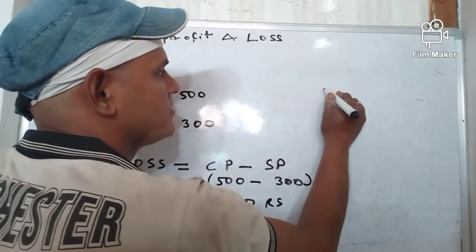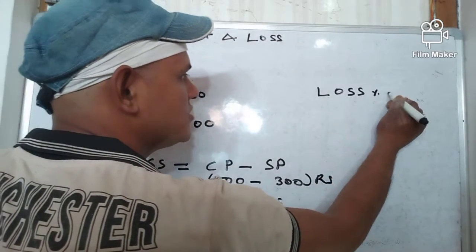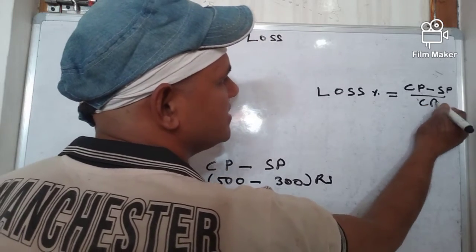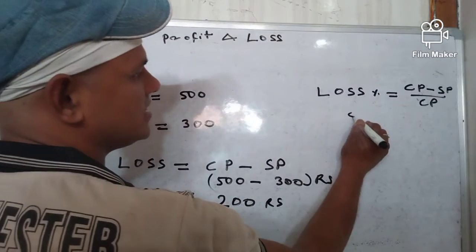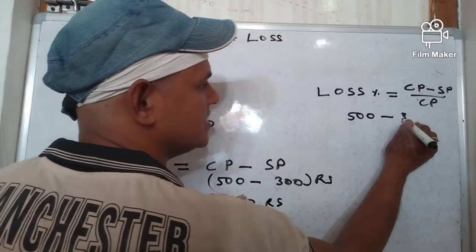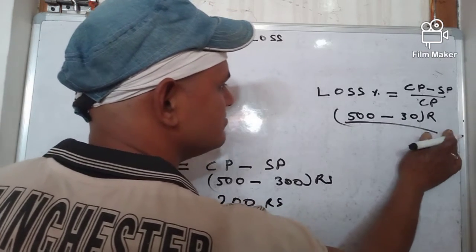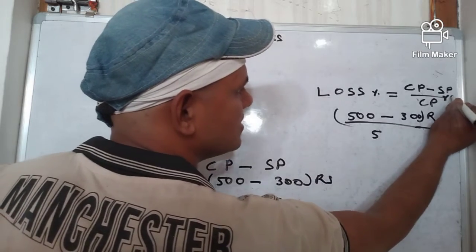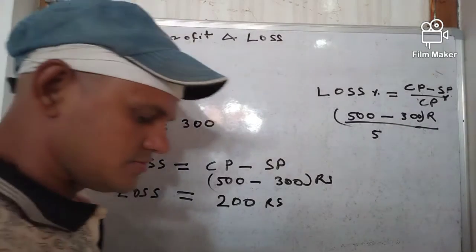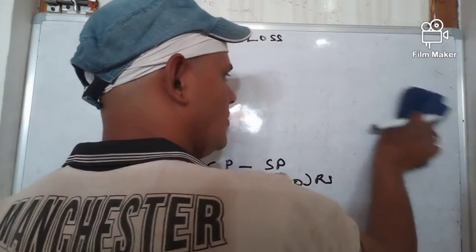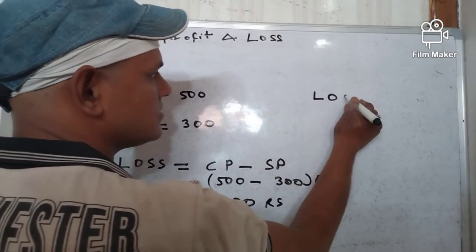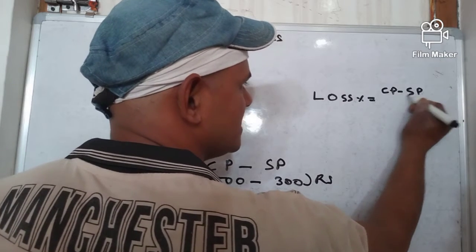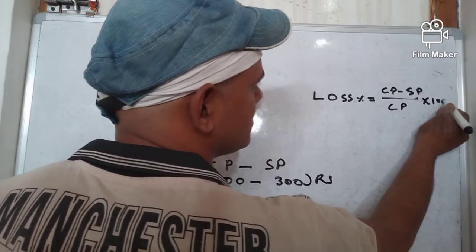So loss percent equals CP minus SP by CP into 100.